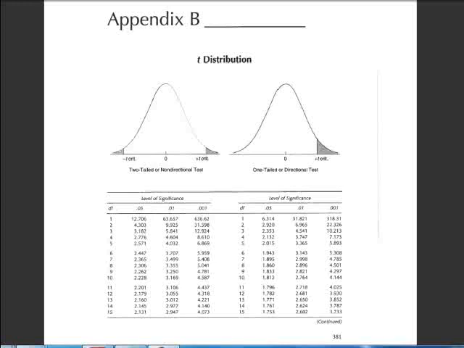Basically, each item that is estimated costs, if you will, 1 degree of freedom. Another definition: the number of values in a final calculation that are free to vary. A lot of people like that definition.